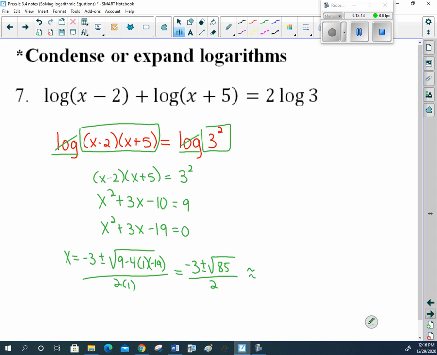All right, let's go ahead and figure out what the decimals are. I'm going to say negative 3 plus the square root of 85. You're going to probably want to make sure you have that in parentheses in the numerator so that it'll divide everything by 2. So square root of 85, and then divide by 2.